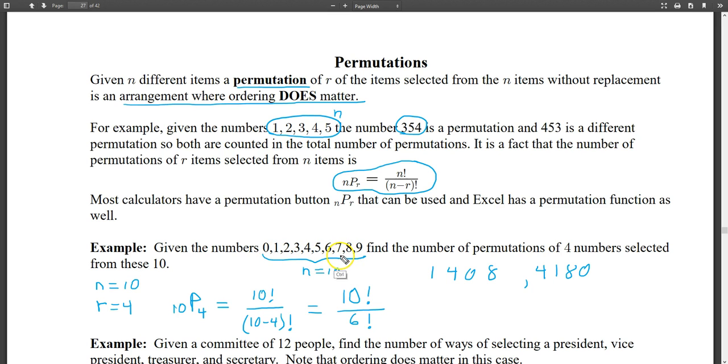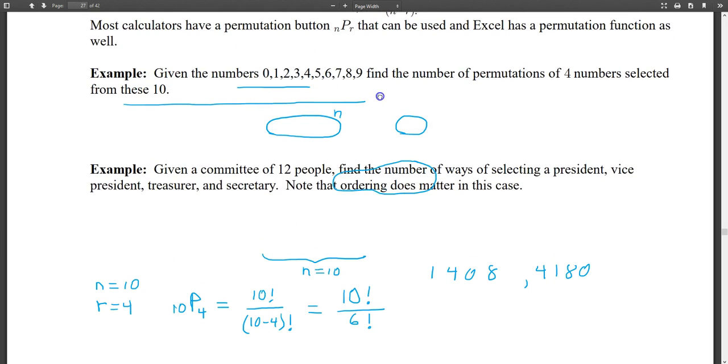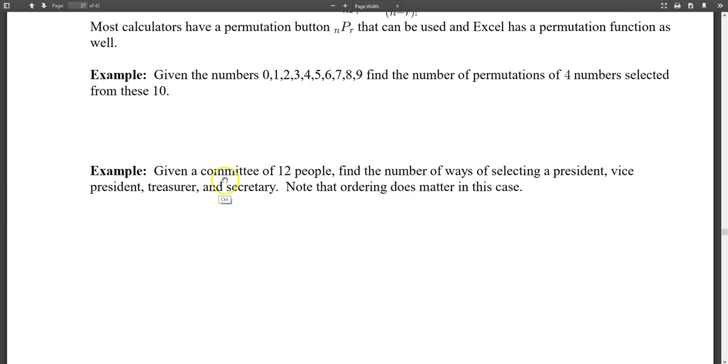Let's take a look at this problem. We have a committee of 12 people, and we want to find the number of ways of selecting a president, vice president, treasurer, and secretary. Note here that ordering does matter, so this is going to be a permutation problem. Why does ordering matter when we select these 4 people?